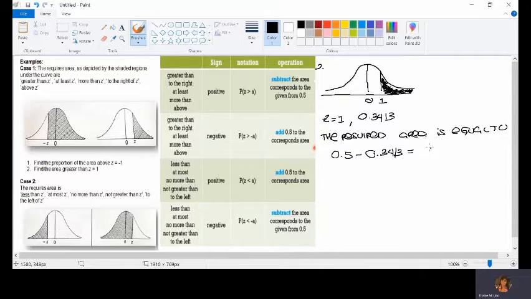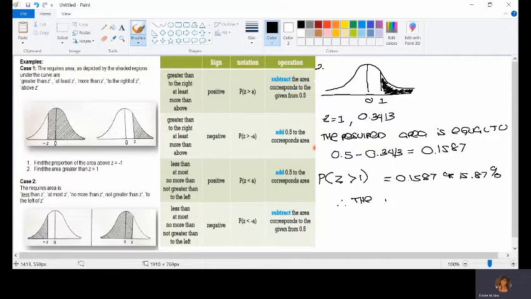That is equal to 0.1587. So in probability notation, the probability of Z greater than 1 is equal to 0.1587 or 15.87%.